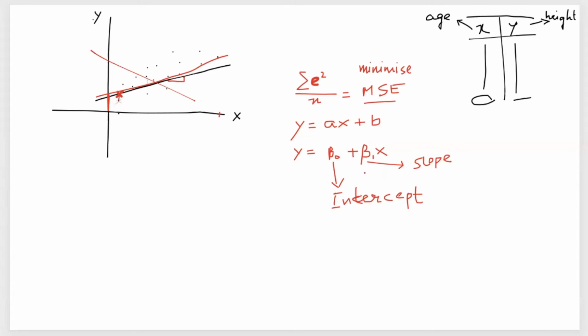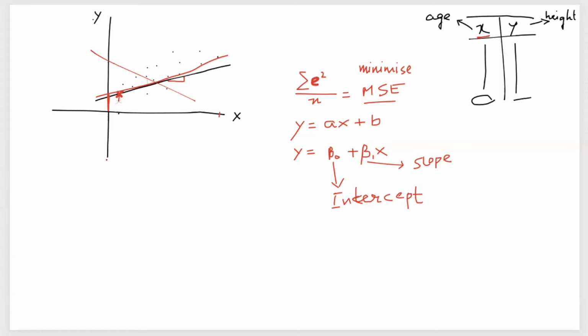Now what happens is that we will not have a problem where we have just one independent variable, and of course we have to have one dependent variable. This will remain the same. So we will have, let's say, n number of independent variables.